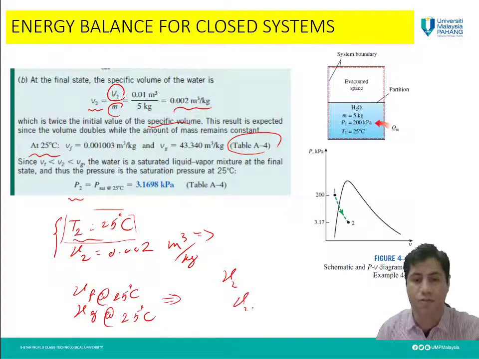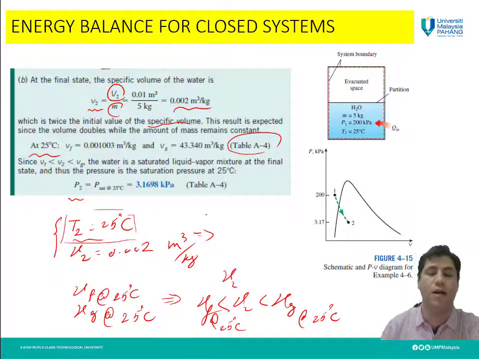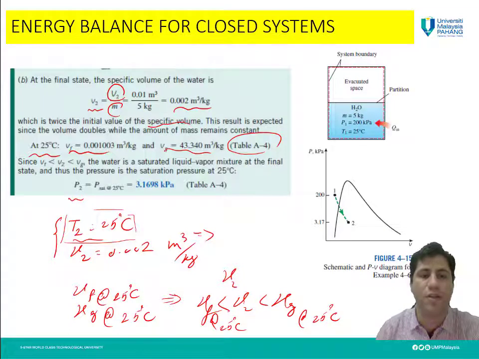And if v2 is between vf and vg at 25 degrees Celsius, which we have already found in table A4, then we have a saturated mixture. Our v2, if you notice here, is between these two. So we have a saturated liquid-vapor mixture.